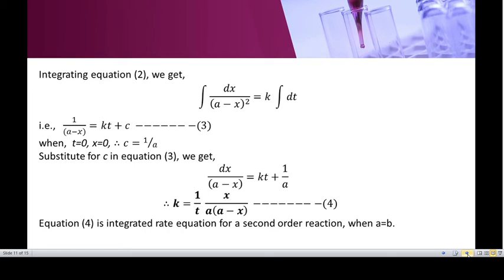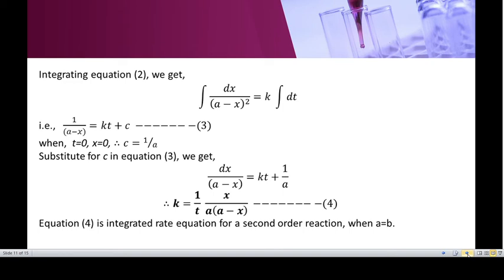Okay. Now you know that at initial time t is equal to 0, obviously x is equal to 0. So in equation 3, what happens to c? As t is equal to 0, x is equal to 0, c must be equal to 1 by a.